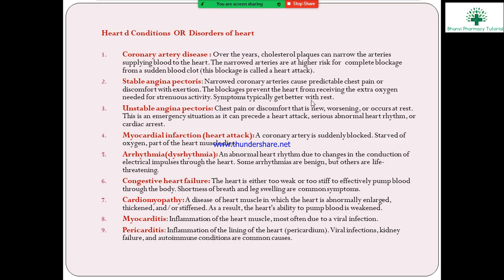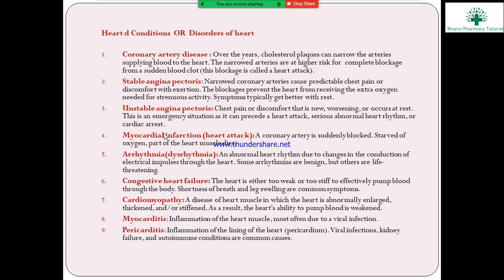Rhythm means the abnormal heart beating. Normally the heart beats 72 per minute, but it can go to 80, 85, 90, 100, 120, 130, 150. In unstable angina, the irregular, rapid heart beating causes the chest pain.